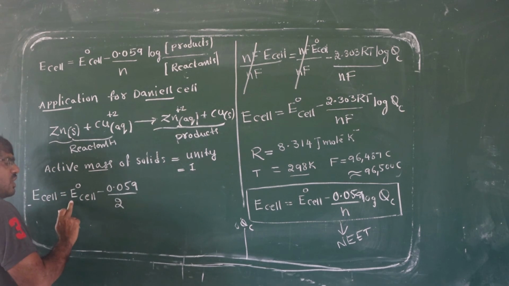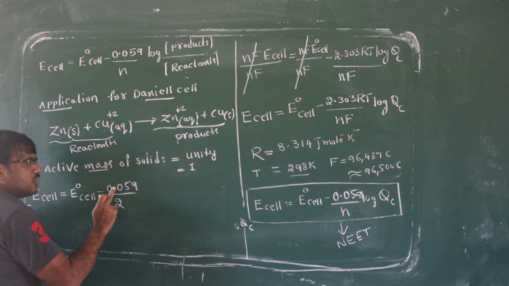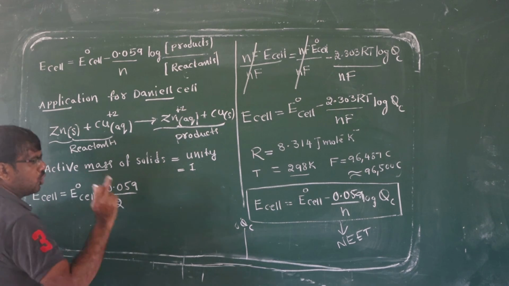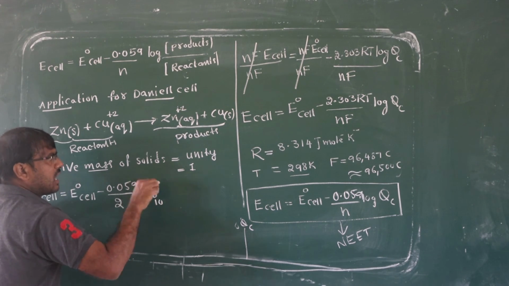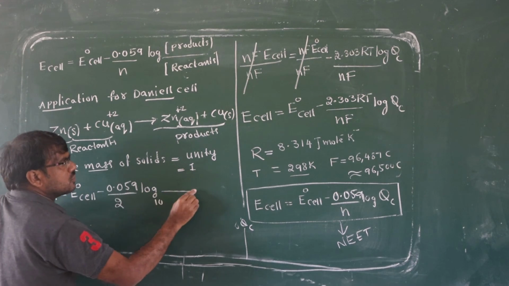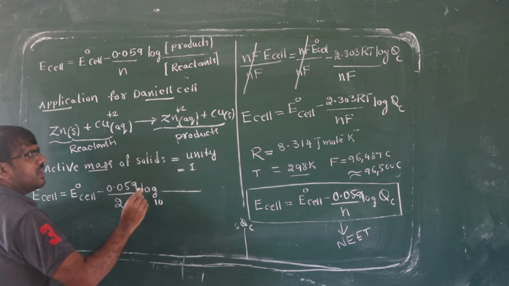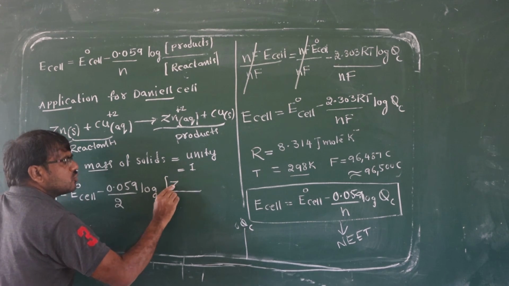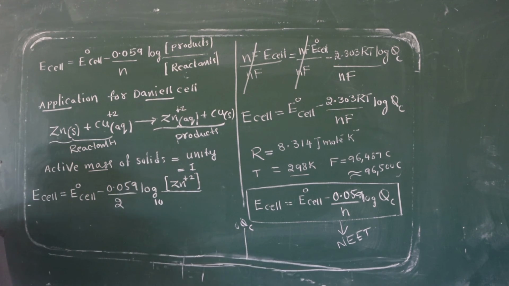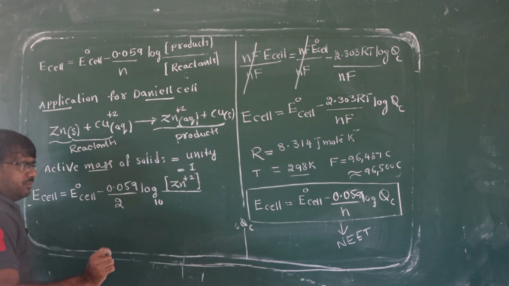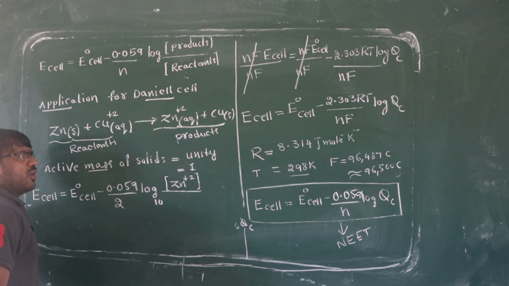Therefore, E cell is equal to E naught cell minus 0.059 by 2 log base 10 concentration of products. On the product side, only the concentration of Zn plus 2 we have to consider.